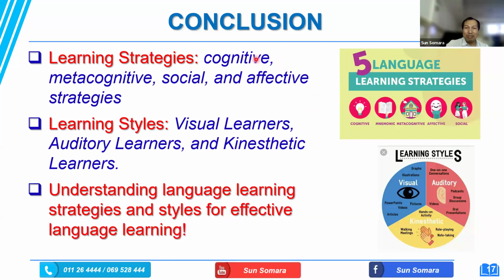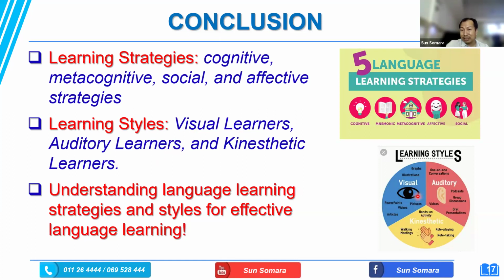So all those things will help learners to build their language learning capacity and skill to be better. And for learning style, there are mainly 3, but actually there are 4. Here we are working on visual learner, auditory learner, and kinesthetic learner.